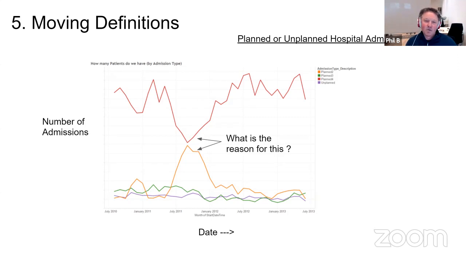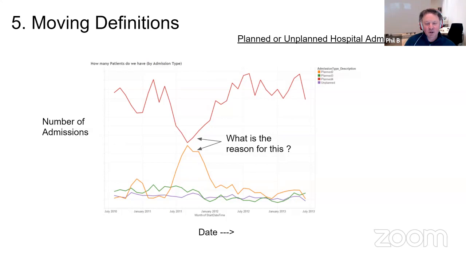Now, what probably happened here is the definition of what type of planned admission is subjective. A human enters the data, and it's as if one person's mistaking, say, planned 2 for planned 4.